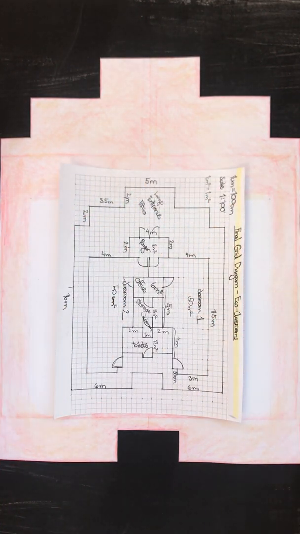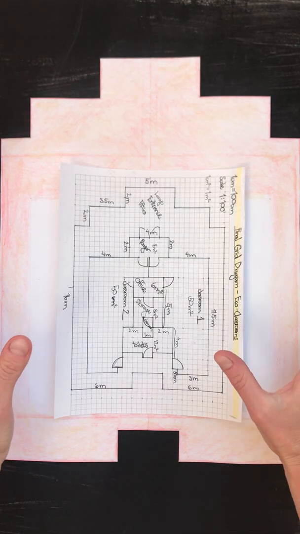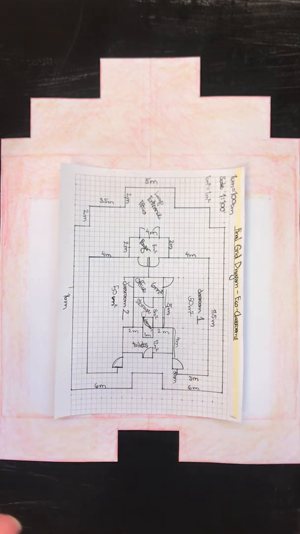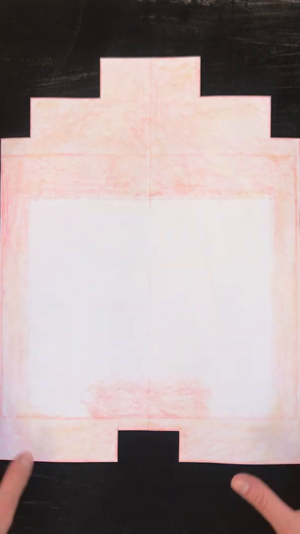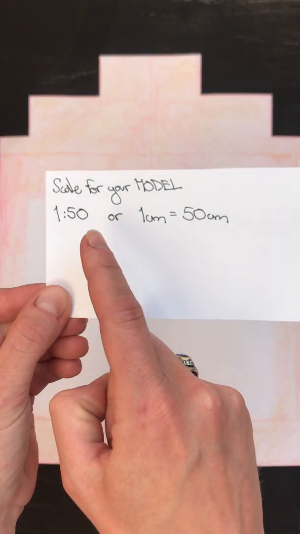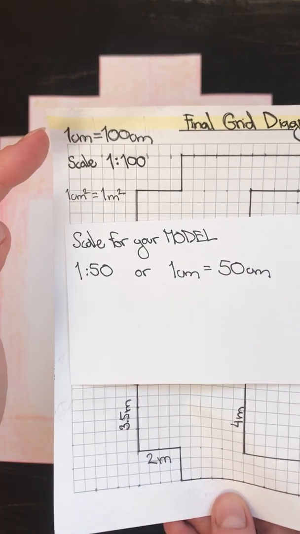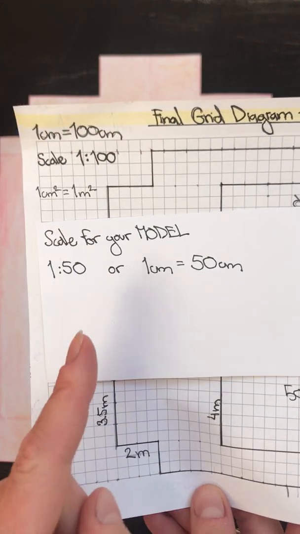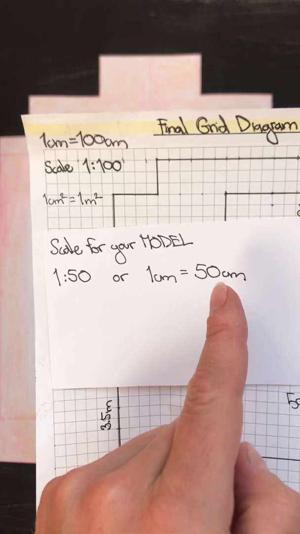Now, if we use this scale, our work will not be very big. It will be as big as an A4 paper. So in order to make a nice, relatively large model, we need to enlarge our scale. And I suggest, to make a nice, decent sized model, to scale your model in the following way: 1 to 50. So instead of 1 to 100, we're scaling now 1 centimeter equals 50 centimeters.